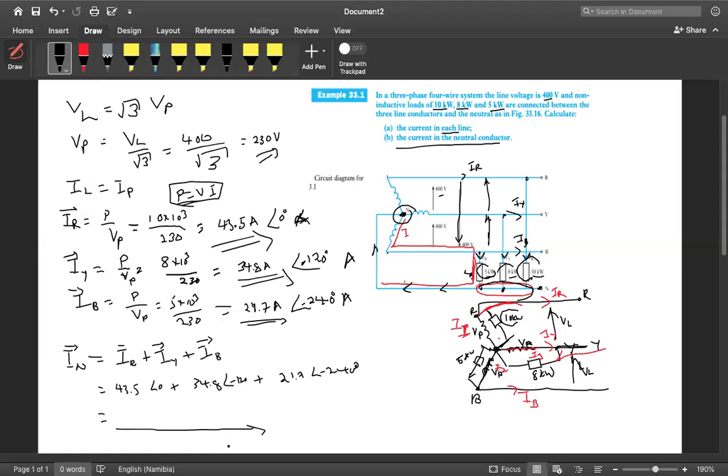I'm going to find 43.5 minus 17.8, that's 10.8, 17.4.